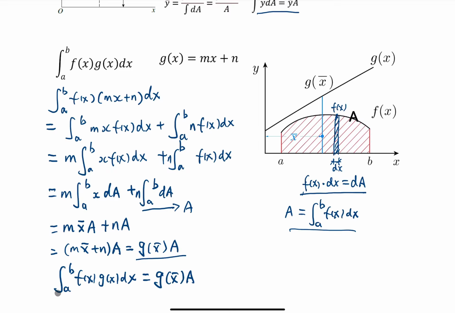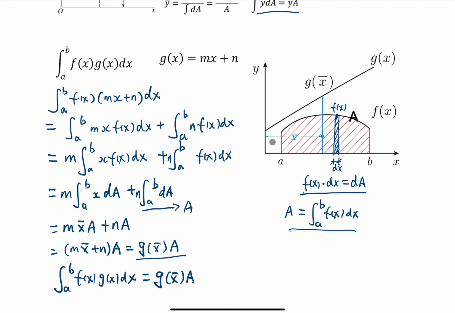If we want to evaluate the integration of f(x) times g(x), and g(x) is a linear function, this integration can be expressed by g(x bar) times A. A is the area under the curve f(x), and on that area we can find a centroid point.